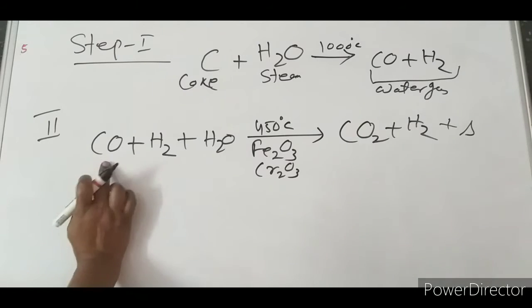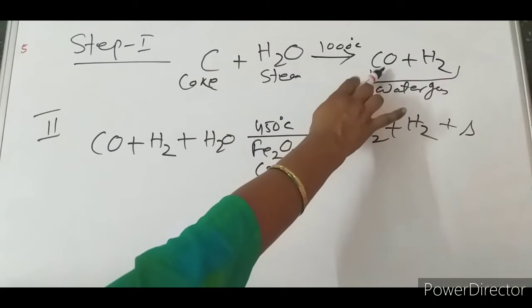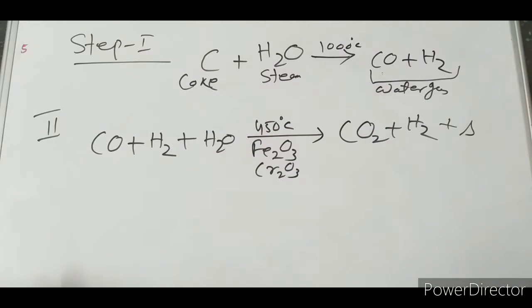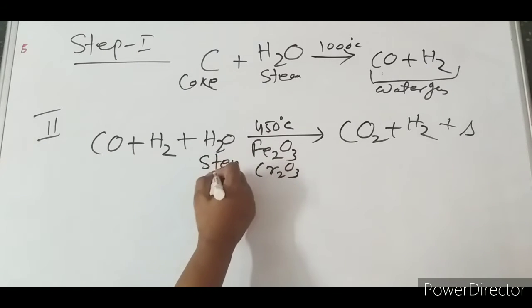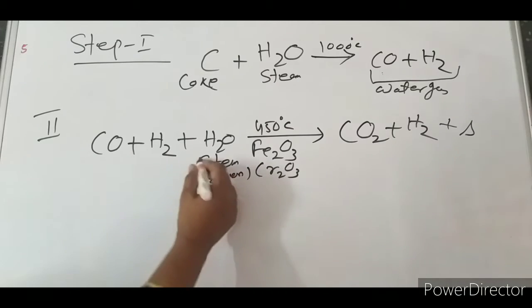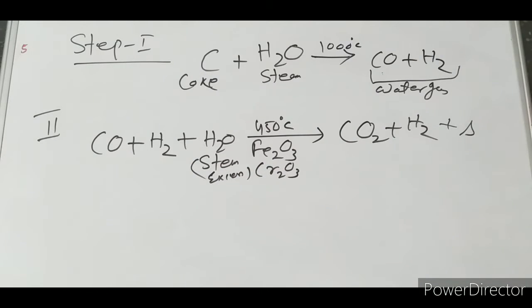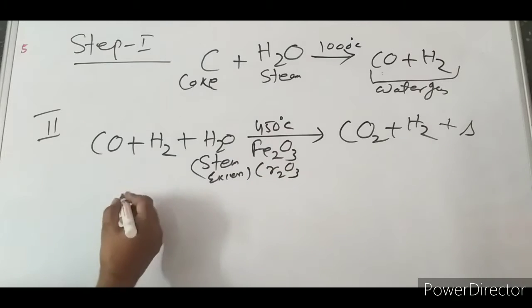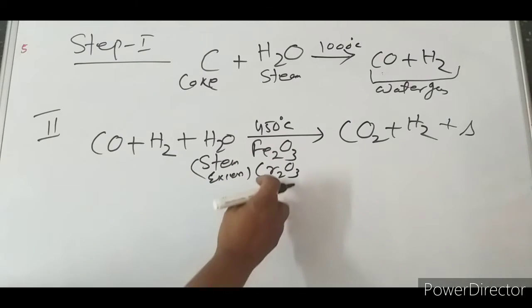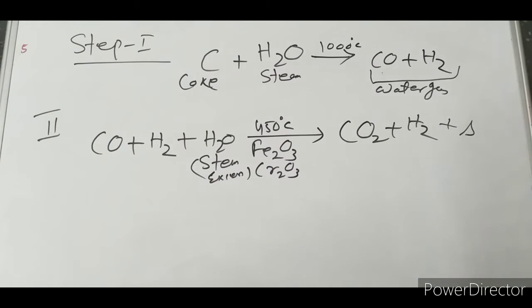So what happens? In the first step we get carbon monoxide along with hydrogen. This water gas is treated with excess steam, and the temperature is reduced from 1000 degrees to 450 degrees Celsius, with Fe2O3 as the catalyst and Cr2O3 as the promoter.